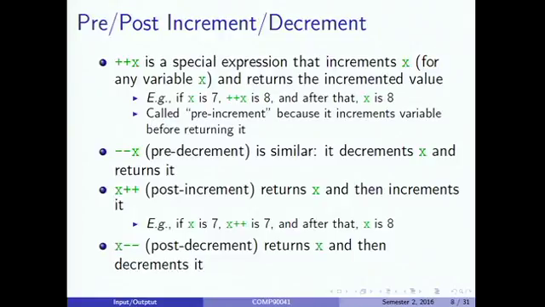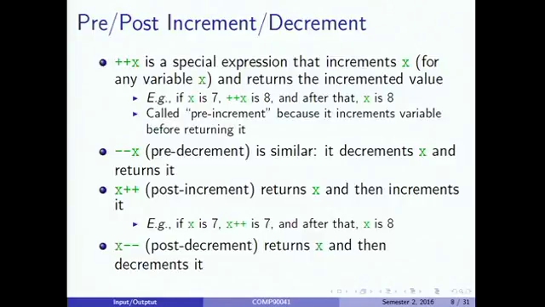Return the value of the new x. So it does two things at once. Can be kind of handy, but I'm about to tell you not to use it. And then minus minus x is the same sort of thing. You subtract 1 from x, and then whatever that is, that's the value.